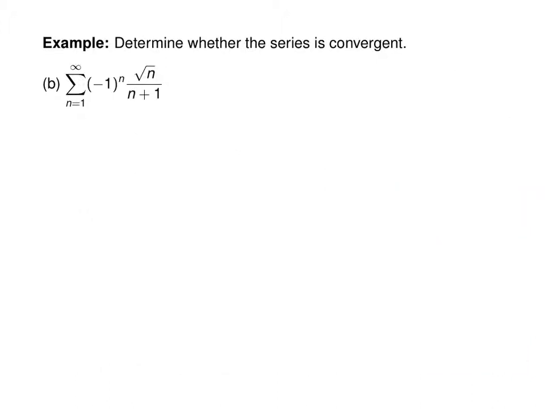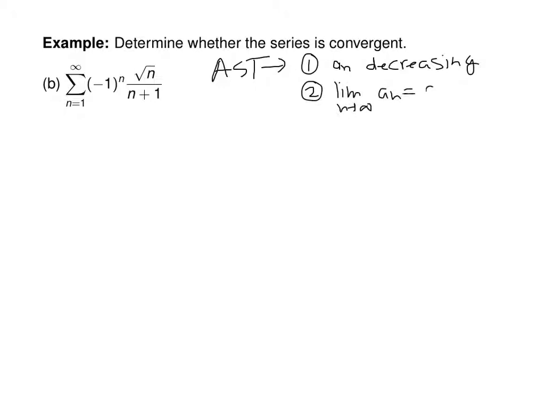Now, if your series is alternating, you can actually apply the alternating series test. And for the AST, you have to check two things. The first thing is that the a sub n's must be decreasing. And the second thing is that the limit as n goes to infinity of the a sub n's must be 0.